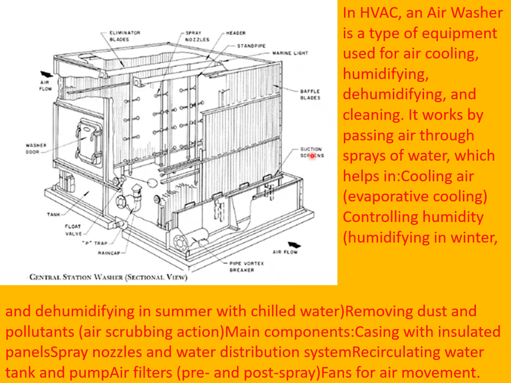Main components are the casing. This is the casing. This may be a room with insulated panels. Then spray nozzles in a number of rows. Water distribution system. Recirculating water tank at the bottom and pump.